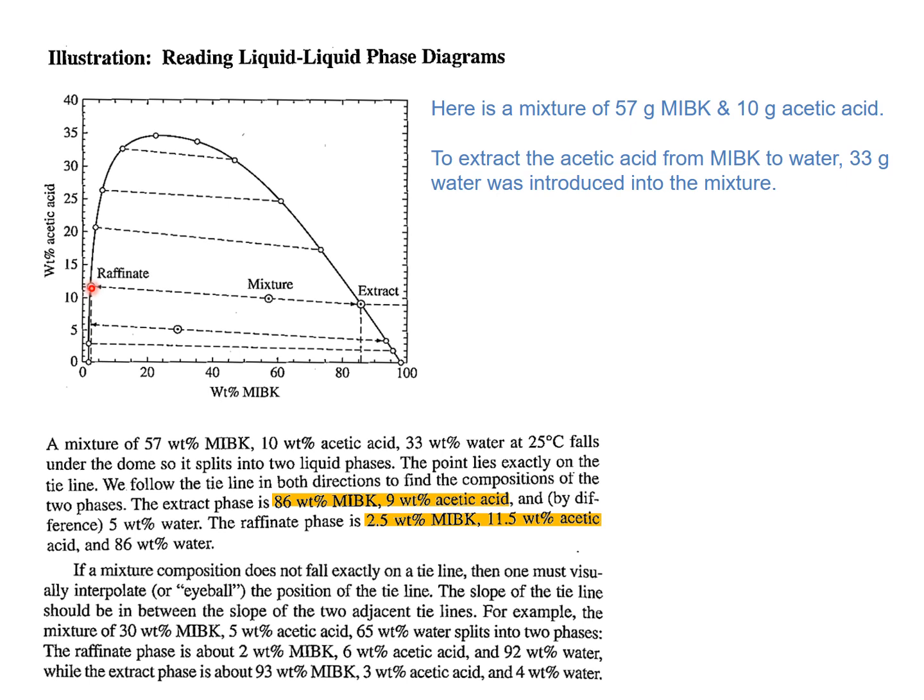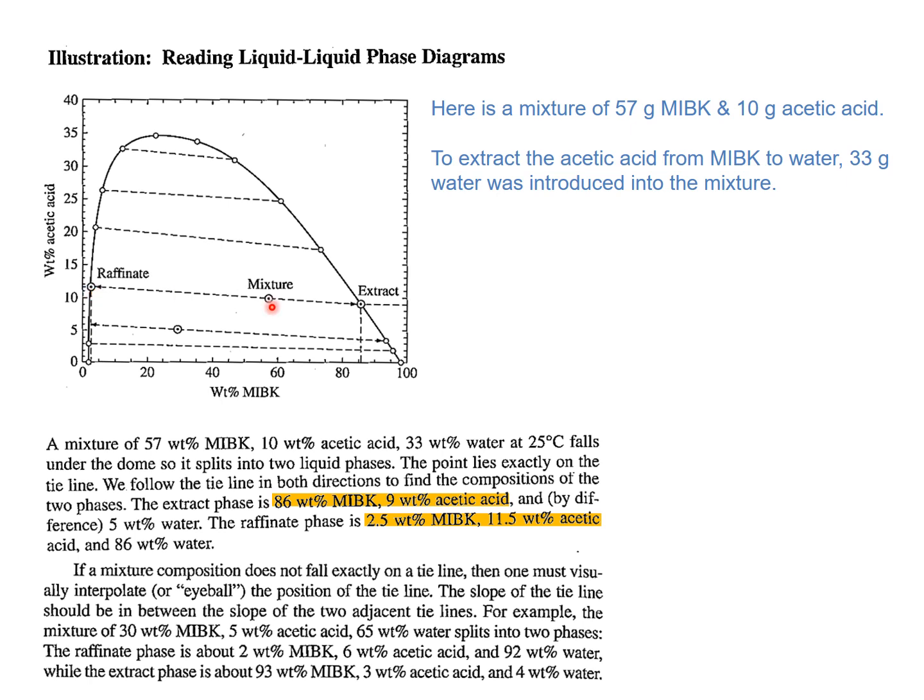That is 2.5% MIBK, and when we go to the y-axis, we could read 11.5 weight% acetic acid. So that is to say we have 86 weight% water for this raffinate. So we have specified the water-dominant phase in terms of weight%.